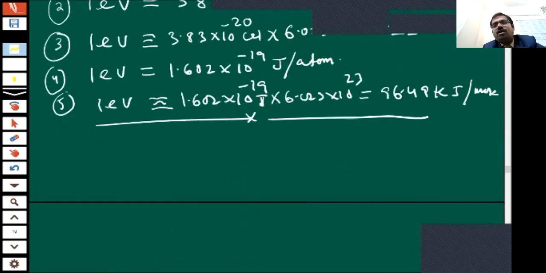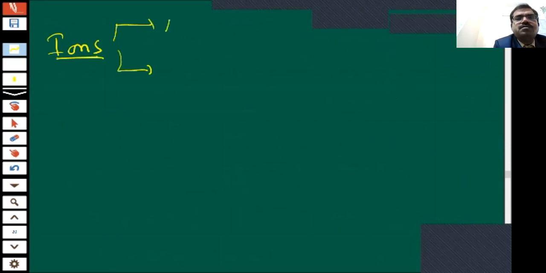Now let us develop the concept of ionization energy. Children, before ionization energy, I gave you the energy format. You should be aware of ions. What are these ions? Ions are of two types, cation and anion. When a positive charge develops, it is known as cation, and when negative charge is developed, it is known as anion.